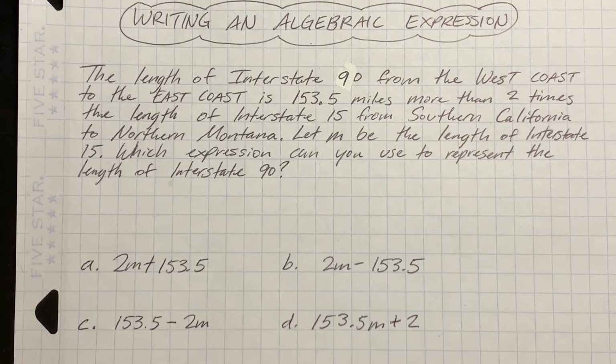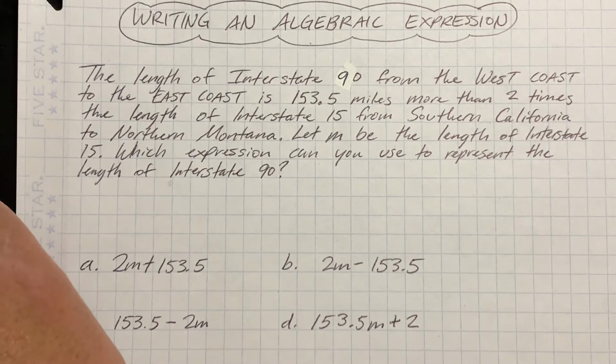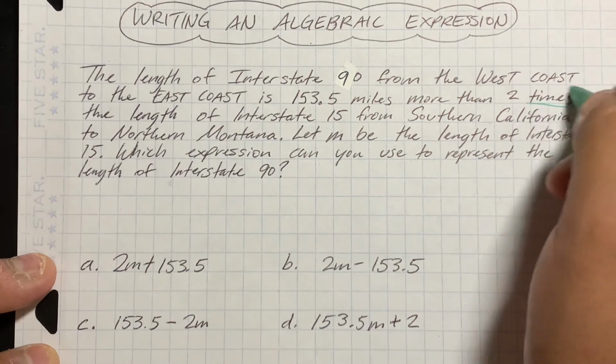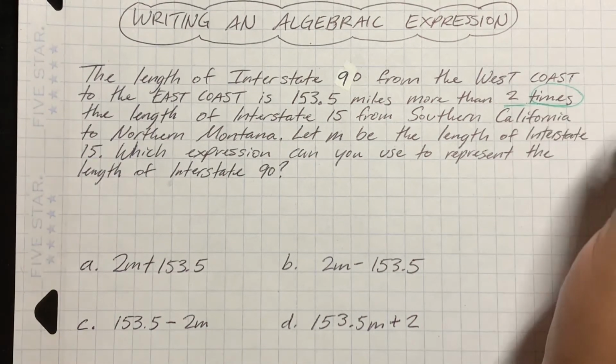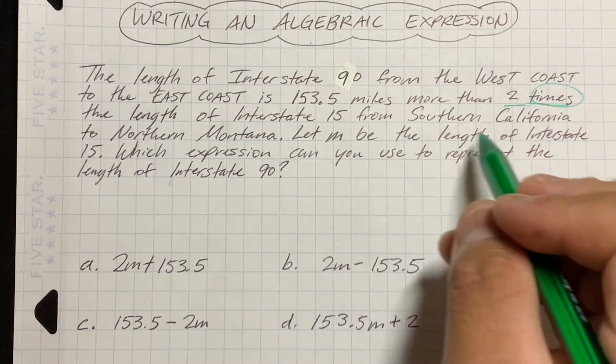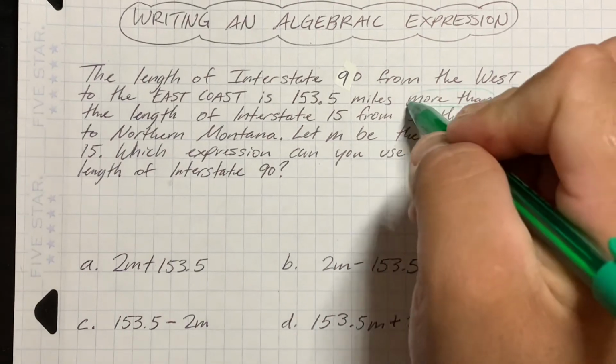The word times means to multiply. So 2 times means to multiply. The phrase more than means to add.